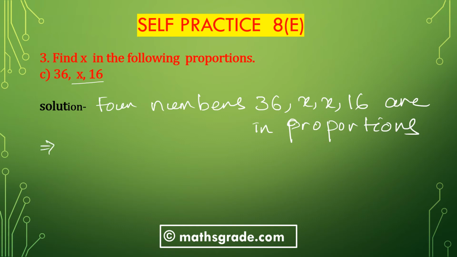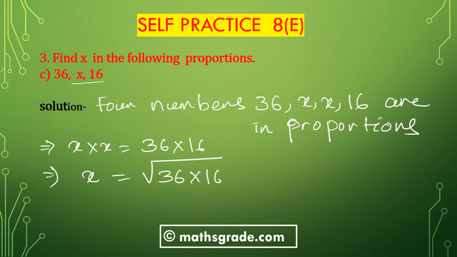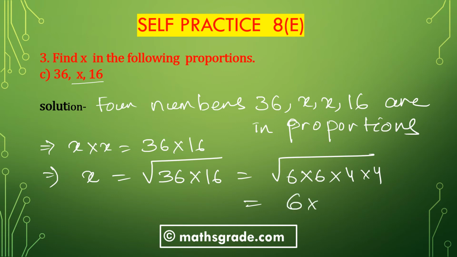So here x multiplied by x is 36 multiplied by 16, and x is equal to the square root of 36 multiplied by 16. 36 is 6 multiplied by 6 and 16 is 4 multiplied by 4. The square root is 6 multiplied by 4, that is 24. So the value of x is 24.